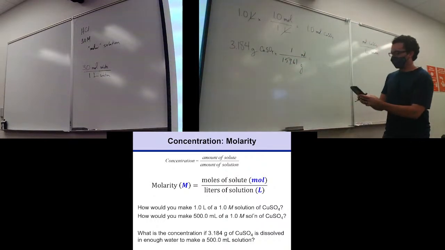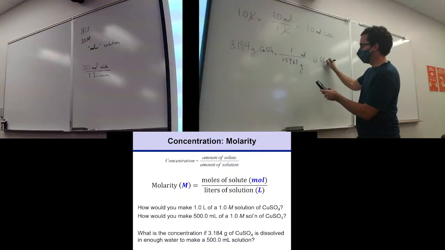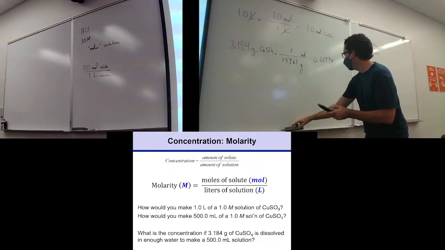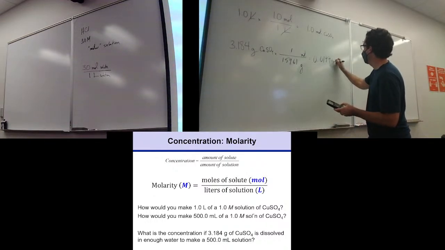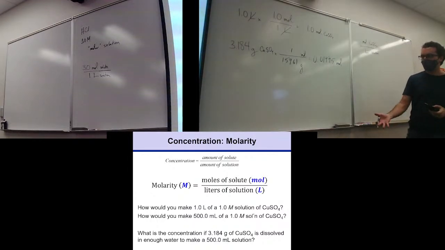And then let's do that math real quick. 0.01994, actually 5 if I round it properly. That's the number of moles of copper sulfate I'm trying to dissolve.